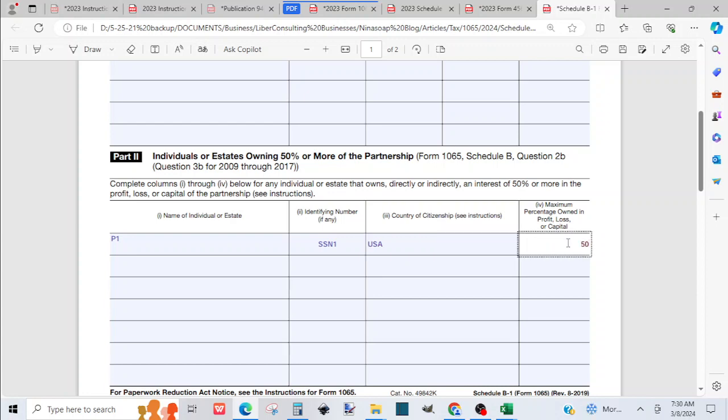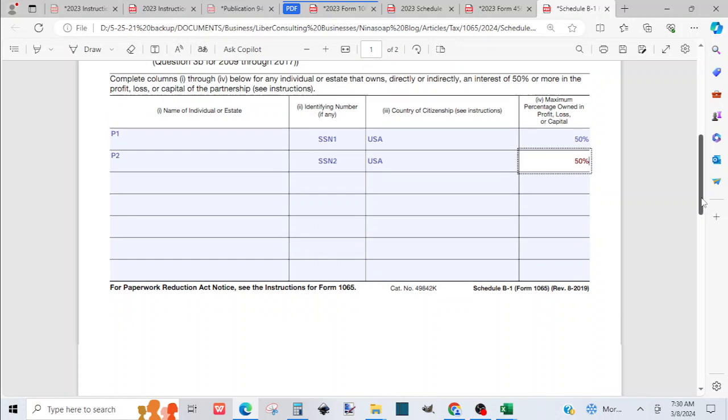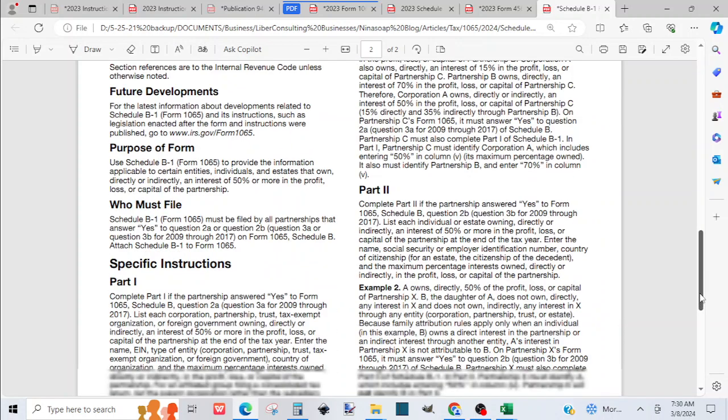I'm just going to put 50%. And P2 for partner 2, SSN2, living in and from the USA, 50%. And that's it.